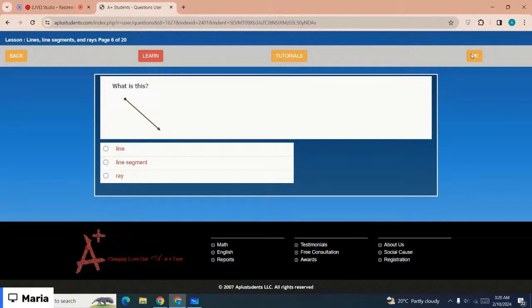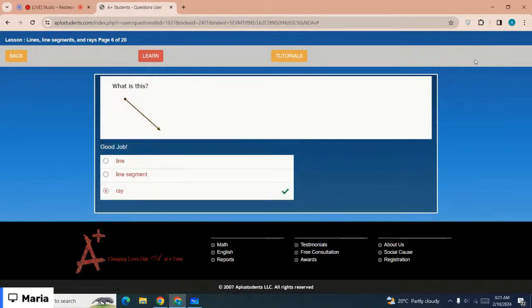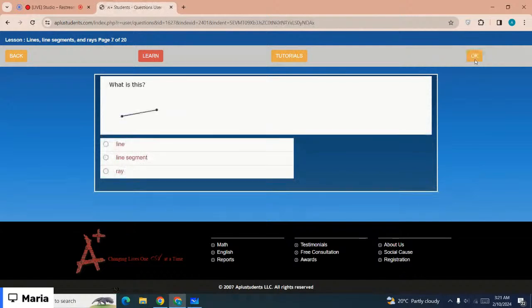Line segment, ray. That is a ray. What is this? Line segment it is, right?